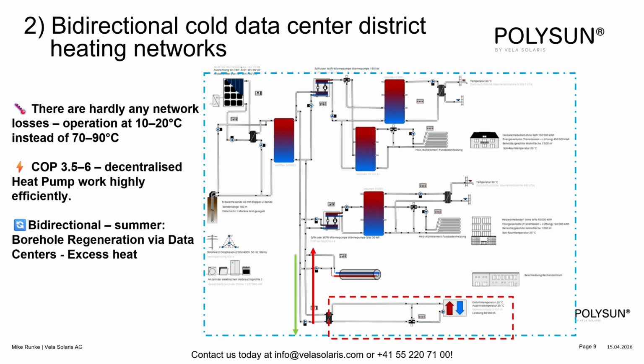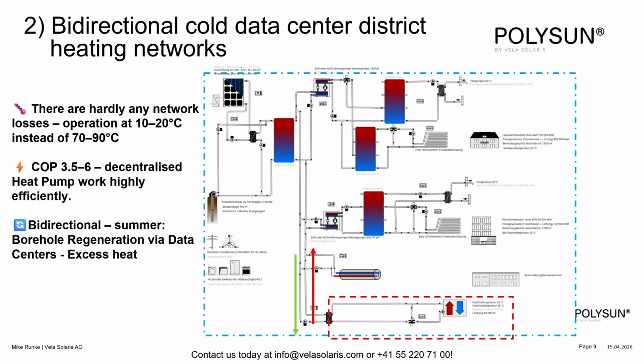That means excess heat from the building flows back into the network and is used for the regeneration of, in this example, geothermal fields, or to cool the data center. This creates a genius symbiosis between data centers and the neighborhood where it's built.